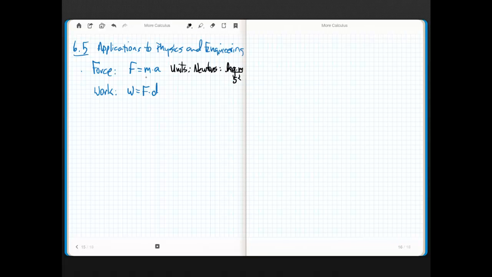Mass in metrics is a kilogram, the acceleration is meters per second squared, so when I multiply them together, I get kilogram meters per second squared. This is in metrics. In the English system of weights and measures, it's not going to be newtons, it's going to be pounds, LBS.